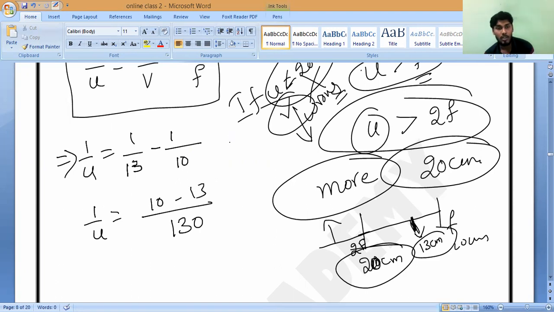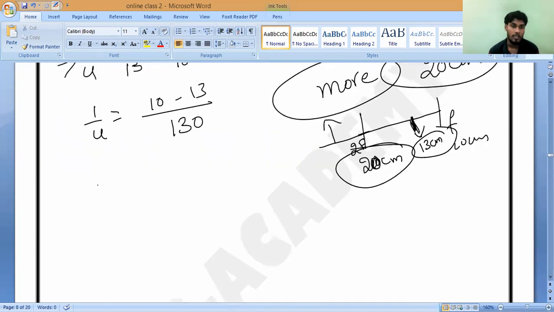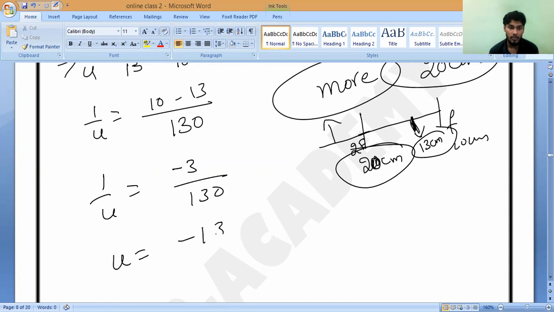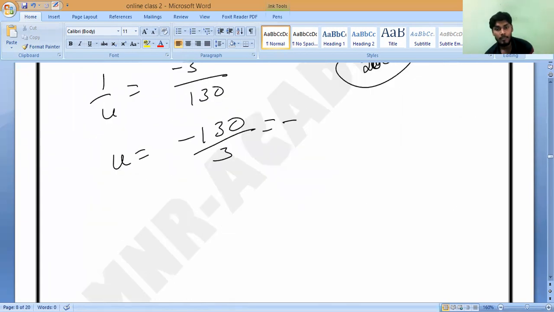So that is what you should remember. So 1 by u is equal to 10 minus 13, which is minus 3 by 130. So u is equal to minus 130 divided by 3. All of you do it fast and tell me which is equal to minus.